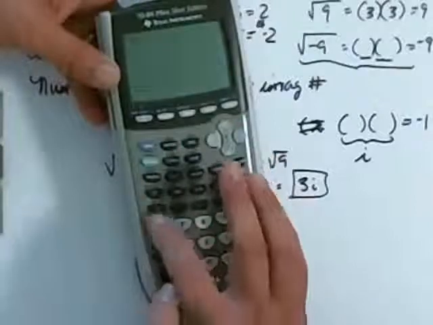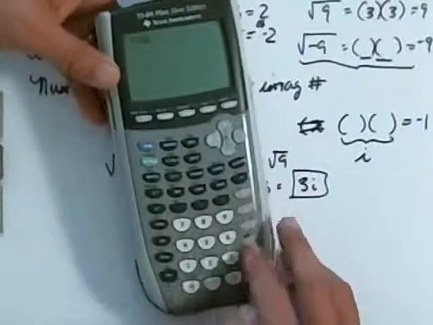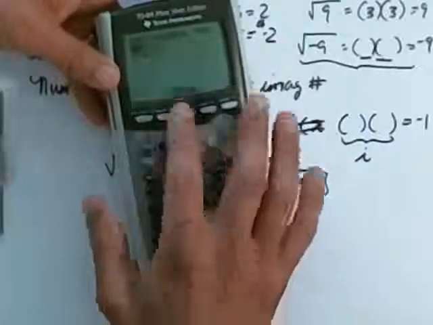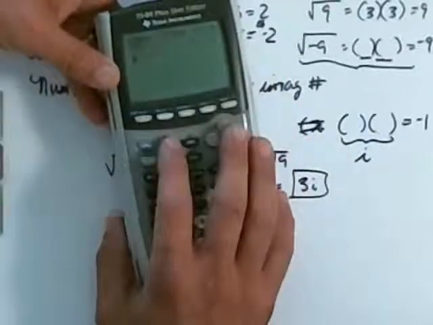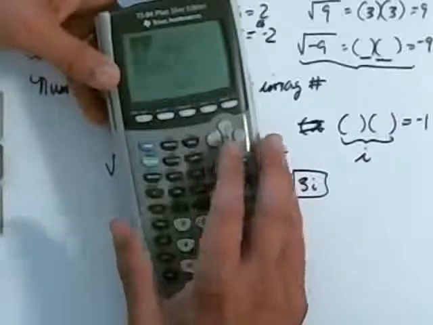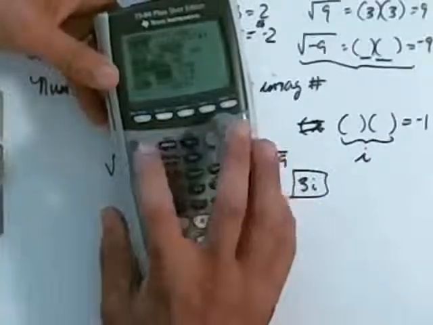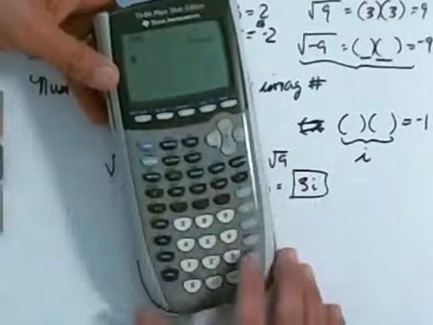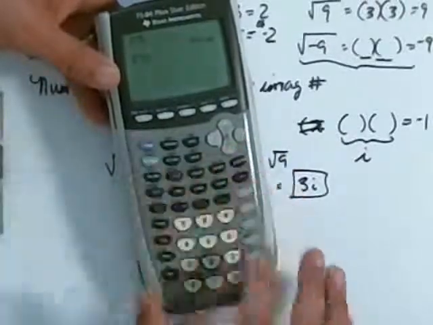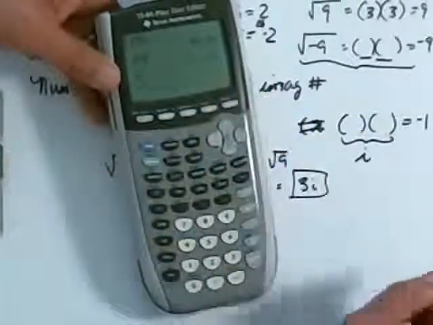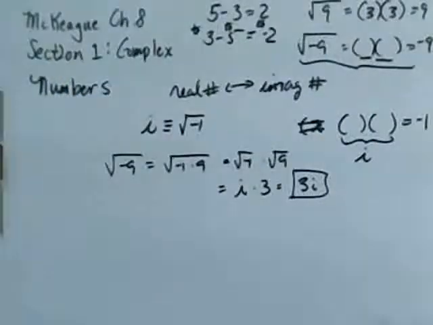If I take the square root of negative 9, it says non-real answer. But if I go into my mode, you got in the right mode to study, same thing, right? So if I take that again, use the entry button, second and entry, I come up with 3i. There it is right there, 3i. So you know how to use it on your calculator now.